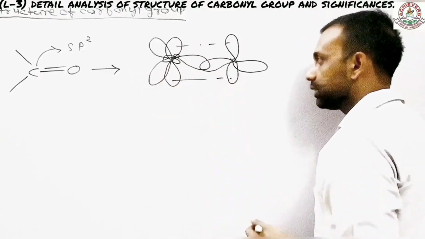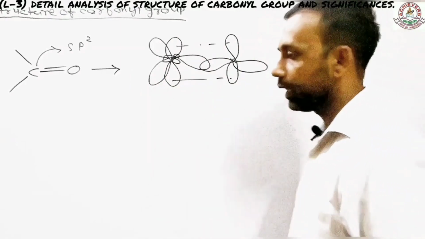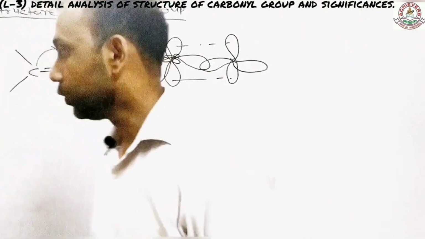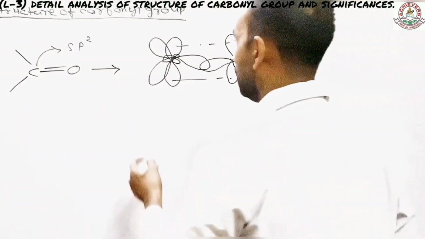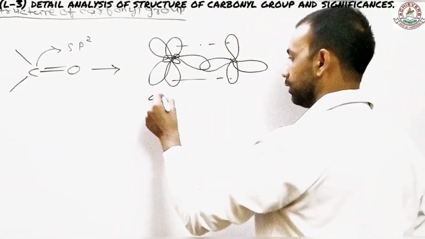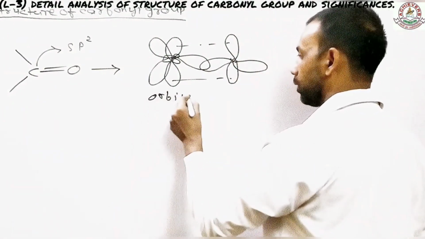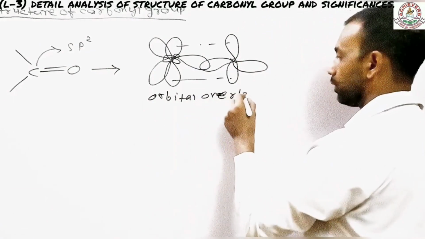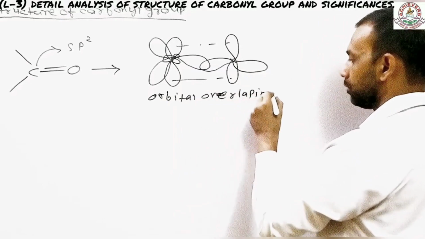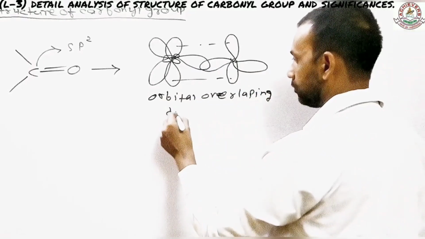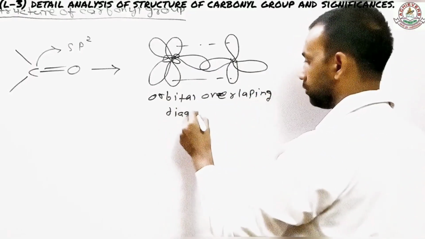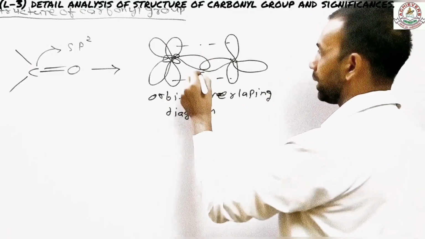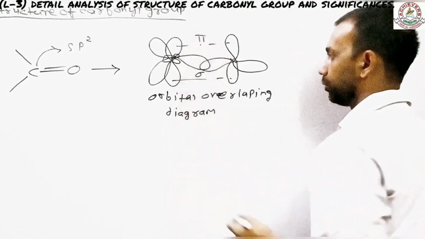So this is the actual overlapping diagram for this carbonyl group. Now the question is, what is the significance of this group? So this is your orbital overlapping diagram, right? This one represents a sigma bond and this one represents a pi bond.